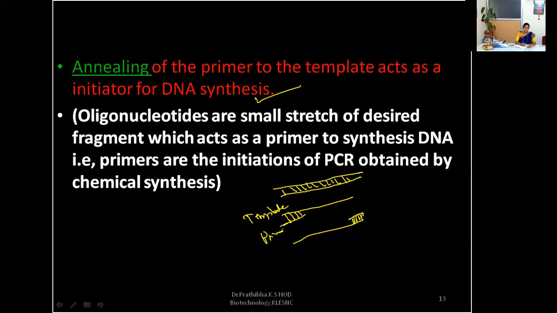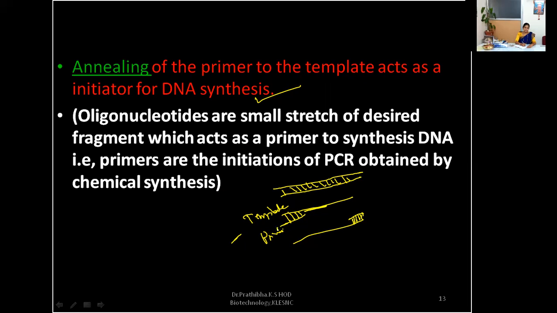These primers are single stranded, right? Single stranded primer attaches to the template. So in the annealing step, what happens? Annealing, or sealing or joining, of the primer to the template acts as the initiator for synthesis.